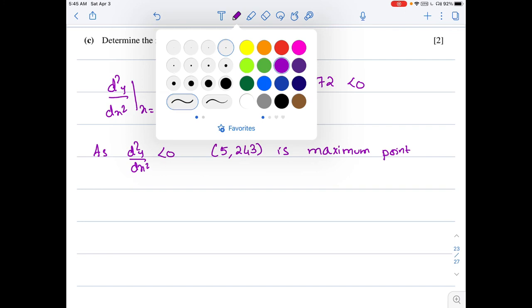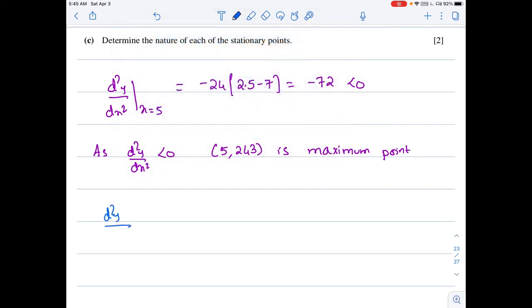Next, I'm going to find the second derivative, d square y by dx square, at x is equal to 2. So this is minus 24 times (2 times 2, x is 2, so I go back and change that) 2 times 2 minus 7, 4 minus 7 is minus 3, so positive 72, which is greater than 0.